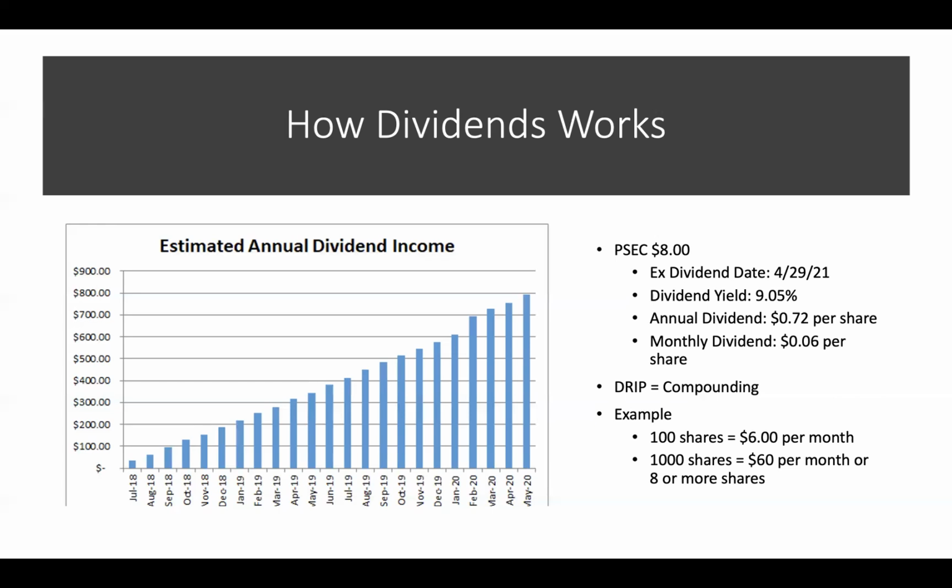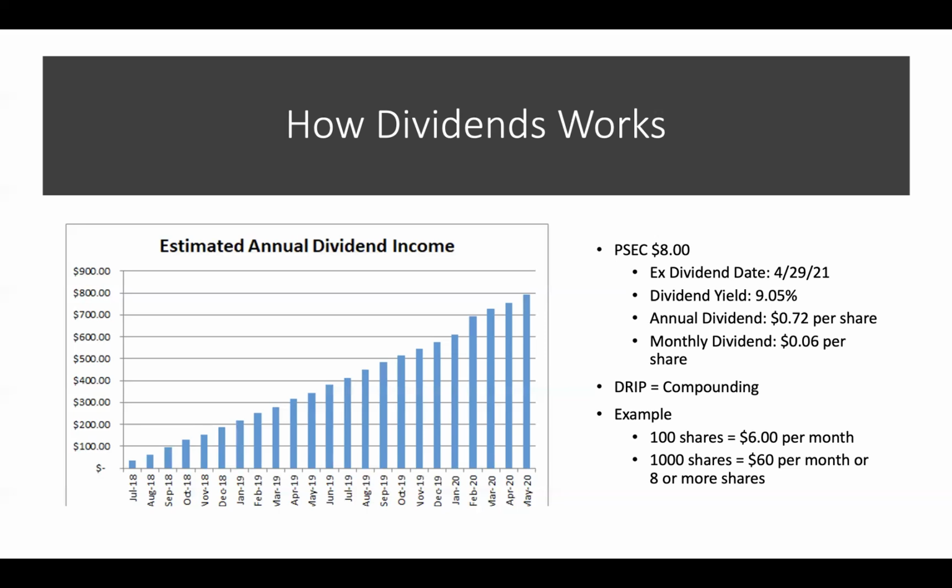But as I mentioned, there's this thing called a DRIP, Dividend Reinvestment Program. Contact your broker to identify how to turn that on. Most of them have it, and it's normally just a flip of a switch. And what it will do is reinvest back into the company that gave you the dividends, more shares. So let's say I had 1,000 shares and I'm getting $60 per month.